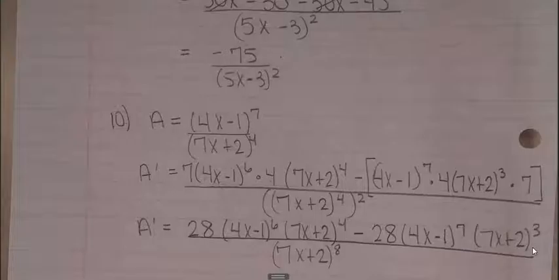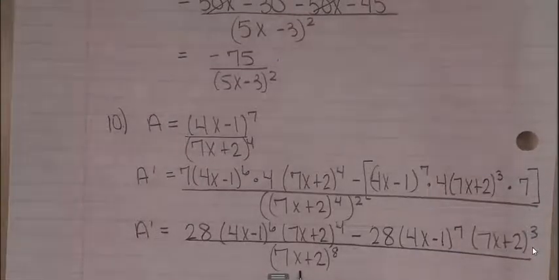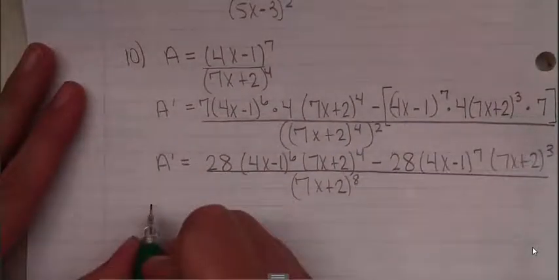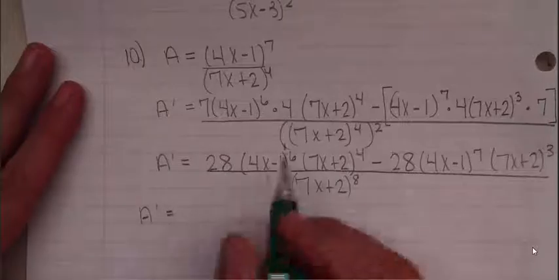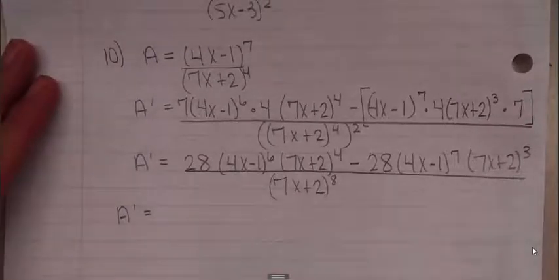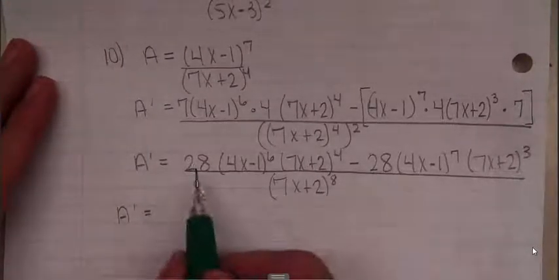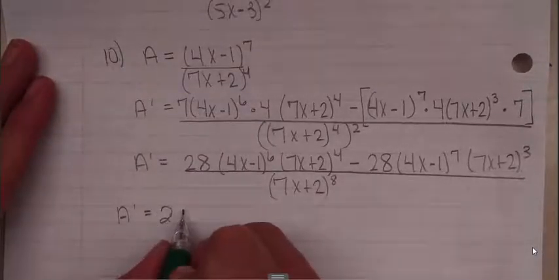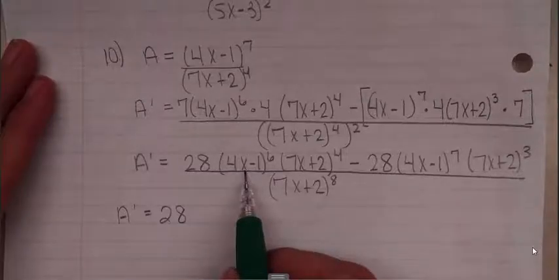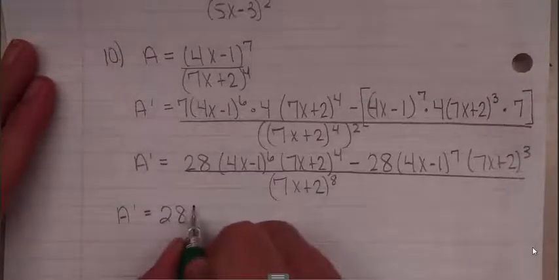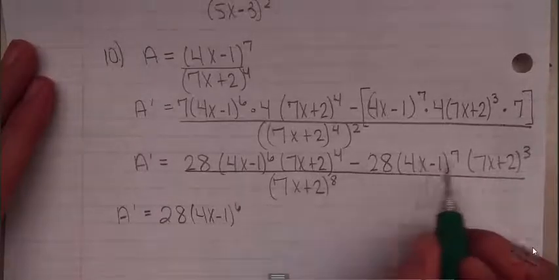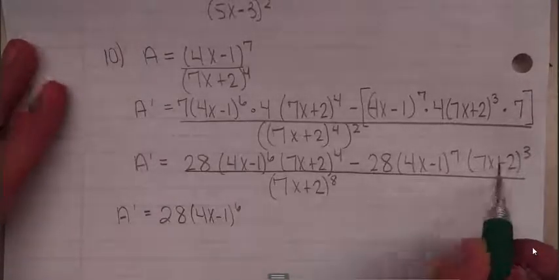So I see some common factors, and I also think that I could probably reduce some of these 7x plus 2's. So I am going to continue factoring. I'm just going to go ahead and do as much factoring as possible. We'll see what ends up reducing, okay? I see that on the top, my greatest common factor is 28, so I'm going to pull that out. I also see that they have 6 4x minus 1's in common, and they have 3 7x plus 2's.